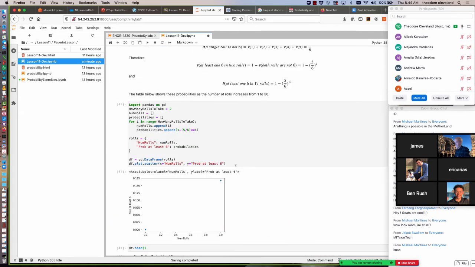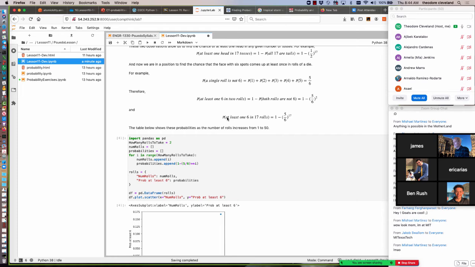That makes sense. I don't like the name of these keys. Probability of at least one 6. Yeah, there we go.